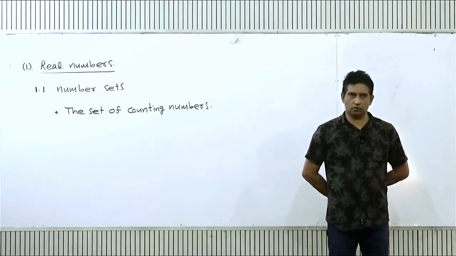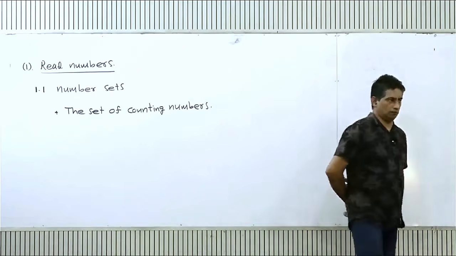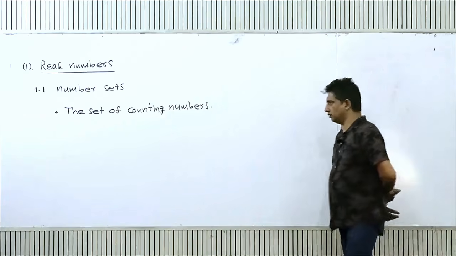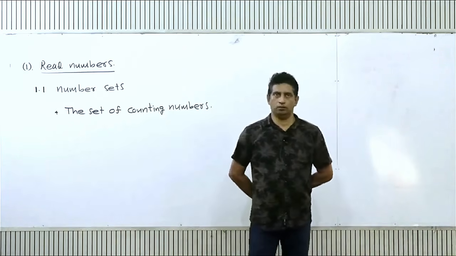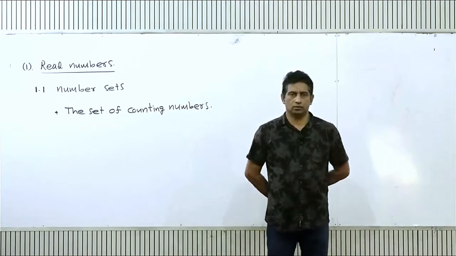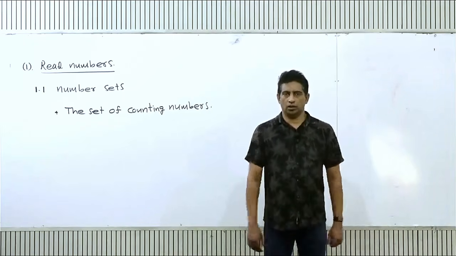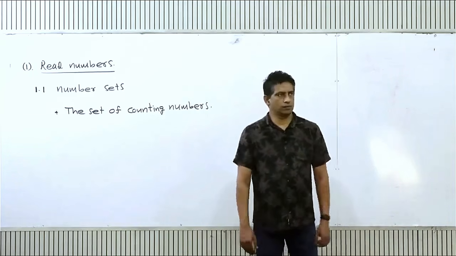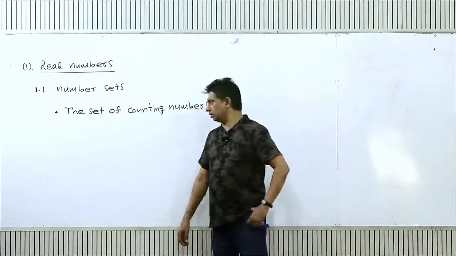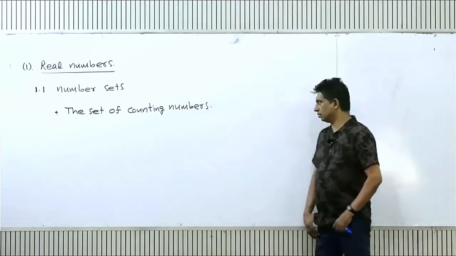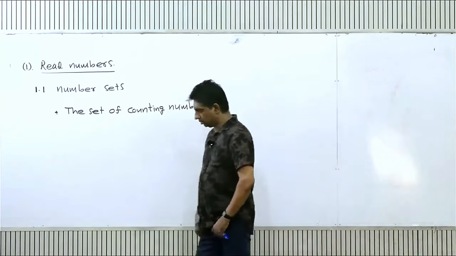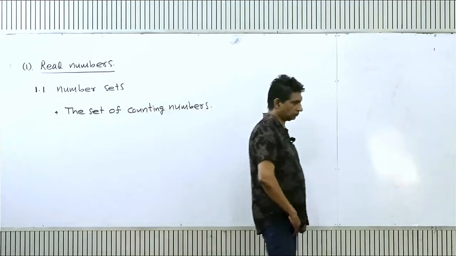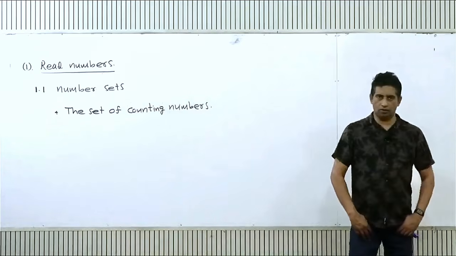The numbers which are used for counting objects or live things are called counting numbers.